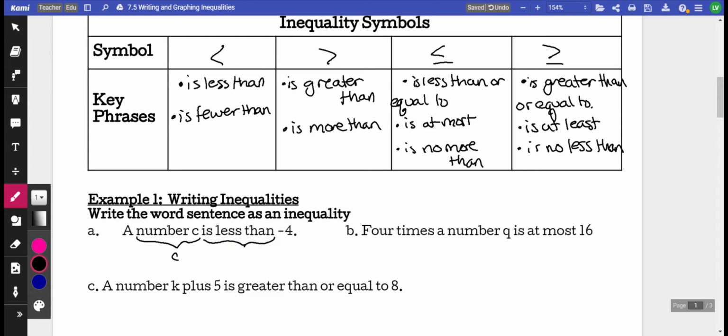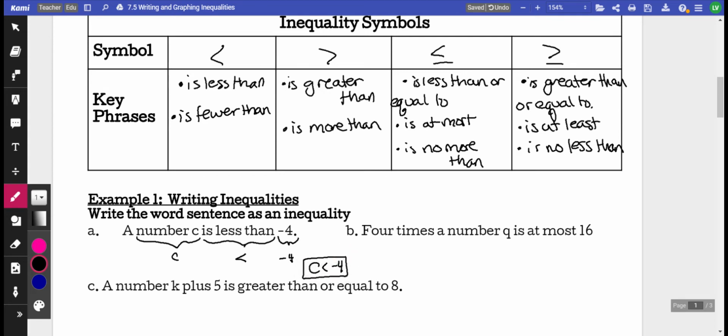If I go back up to this, is less than. There we go. That's the symbol that I want to use, the less than symbol. And -4 is just -4. So my final answer for example 1, C is less than -4.